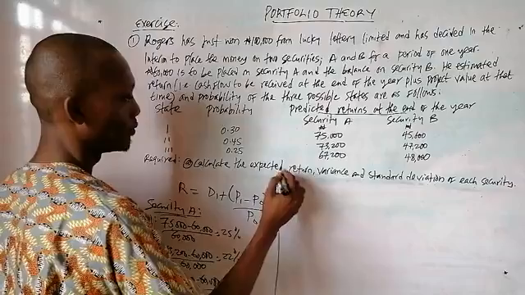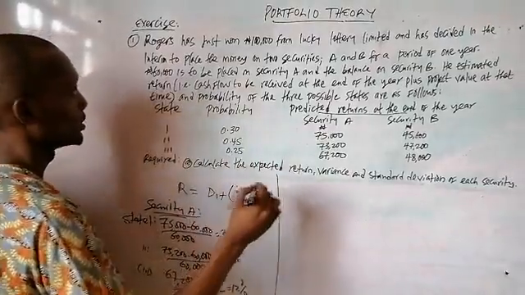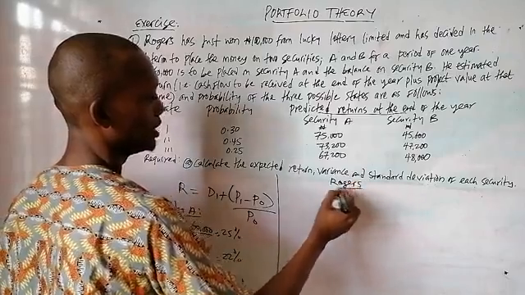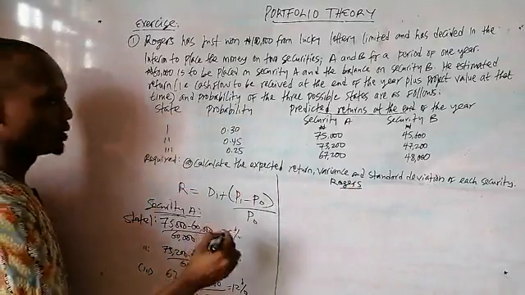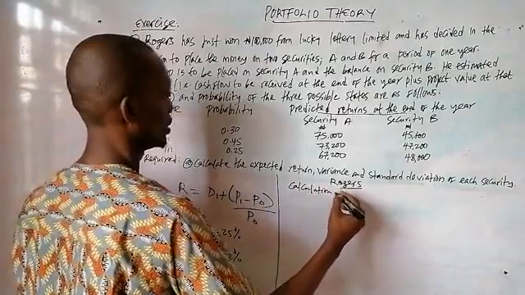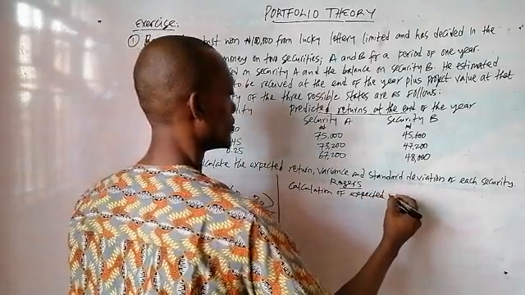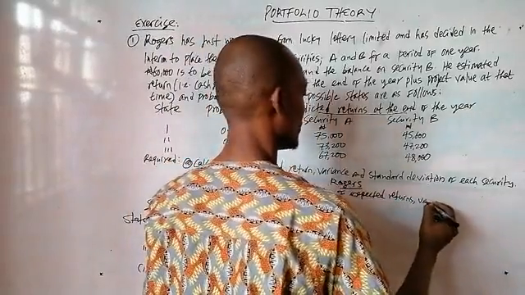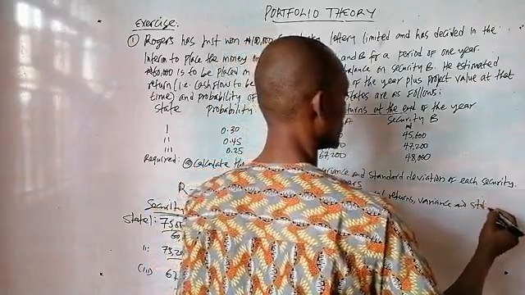So don't forget, we need to title it. Rogers, that is the name of the person. Calculation of expected return, variance, and standard deviation.